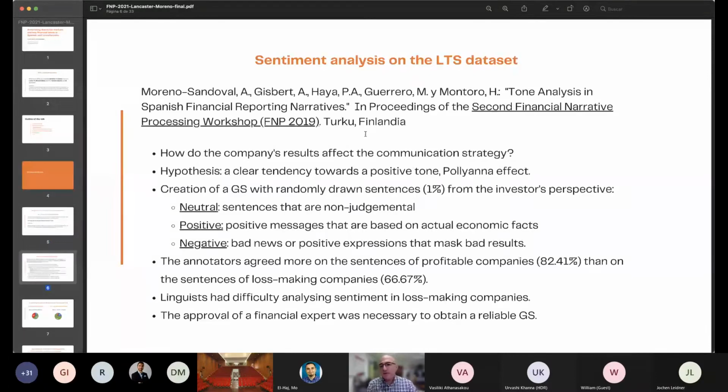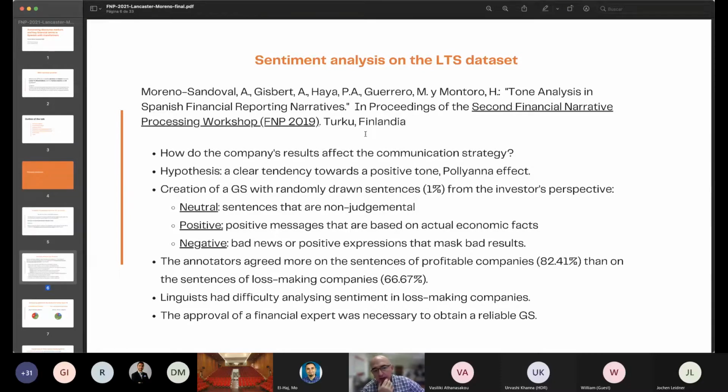The first thing we did with this dataset of letters to the shareholders was to conduct an experiment on sentiment analysis. And it was presented at the second financial narrative processing workshop at Turku in 1999.